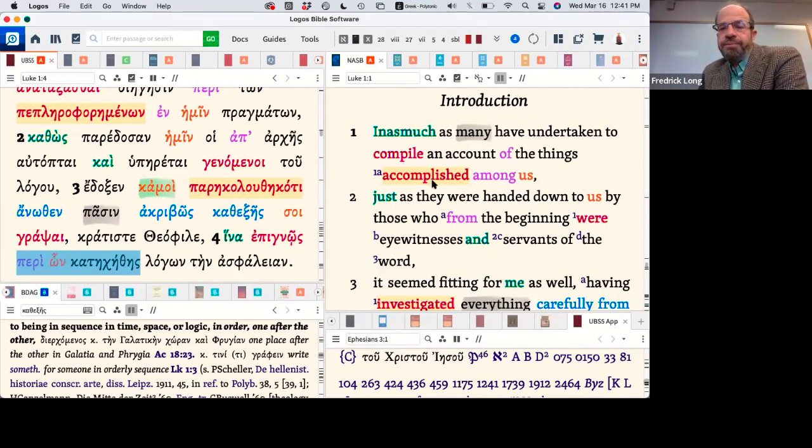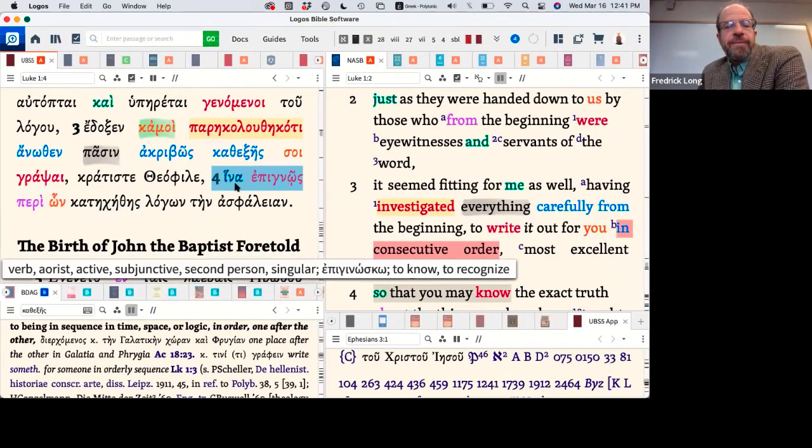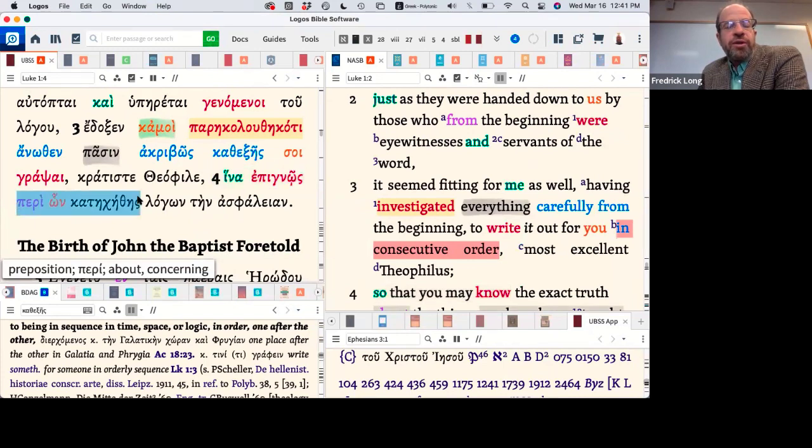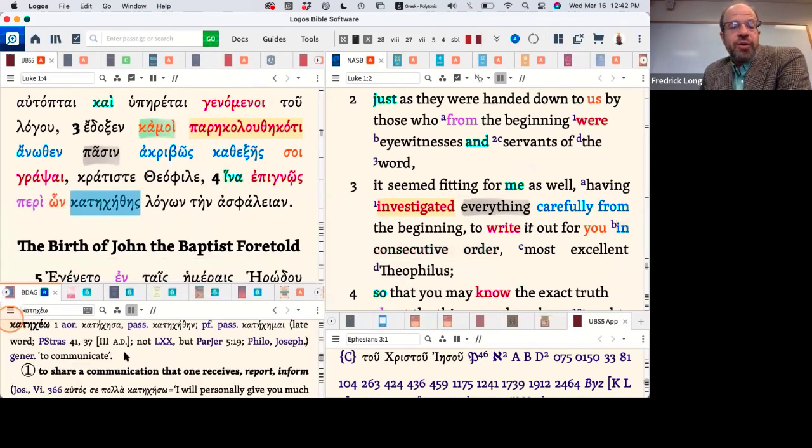Yeah. All right. So this last clause is a purpose clause with a relative pronoun clause that is modifying and filling out logon. And so this would suggest that Theophilus actually has already received some catechesis, some instruction of some type. And we don't want to be anachronistic, like, are we talking third century, fourth century catechesis of the church?